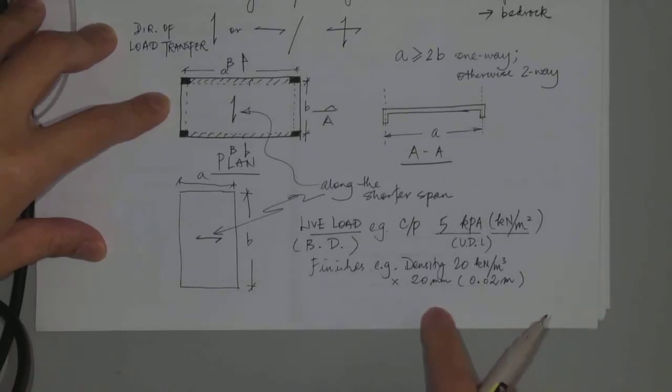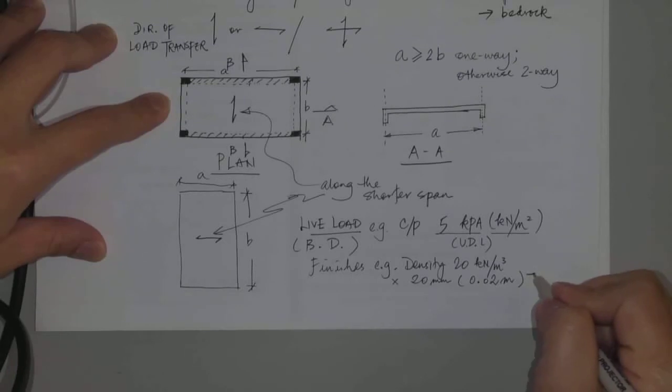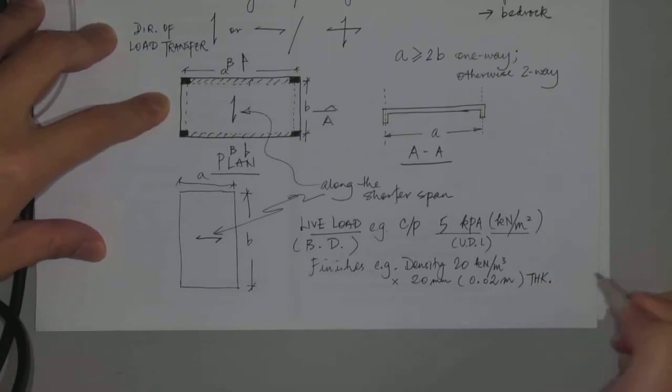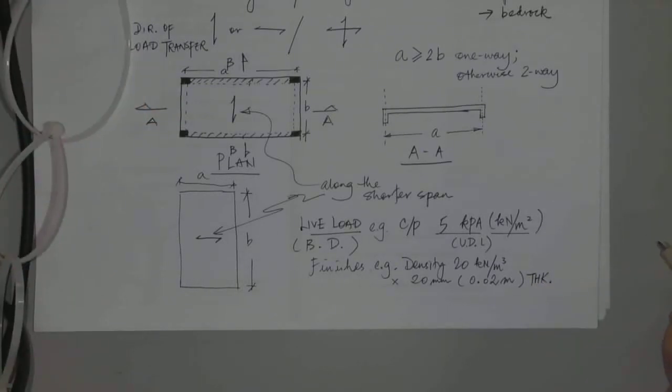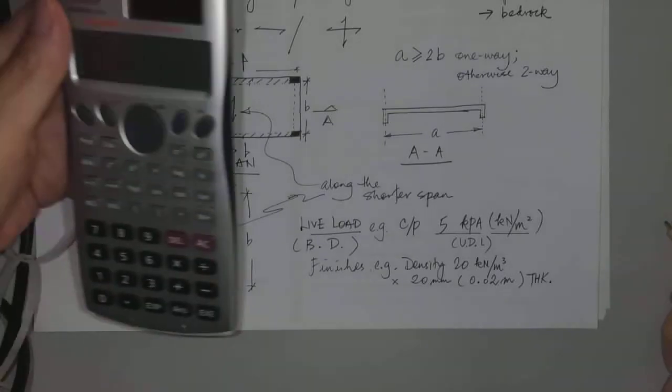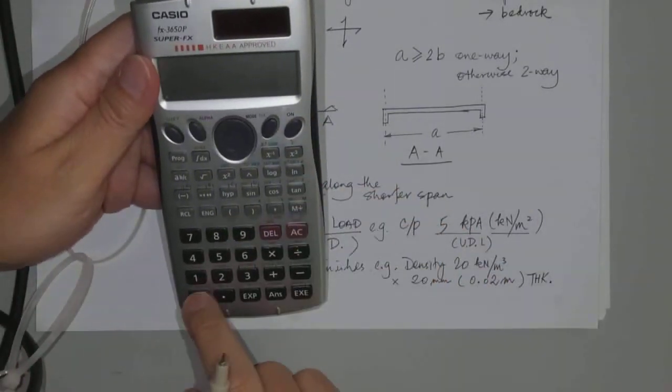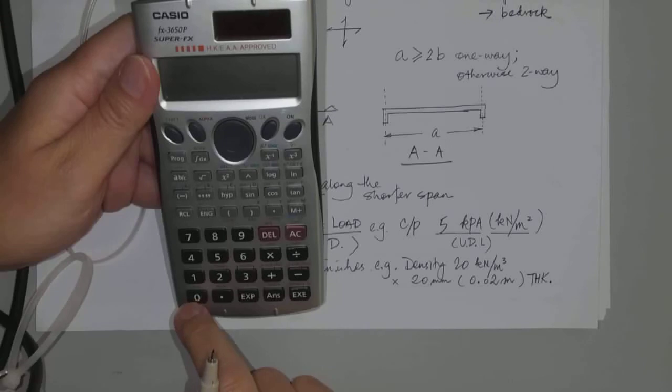Right, so if you multiply your kilonewton per meter cubed density with the thickness, THK stands for thickness. So if you multiply these two together, what do you get?